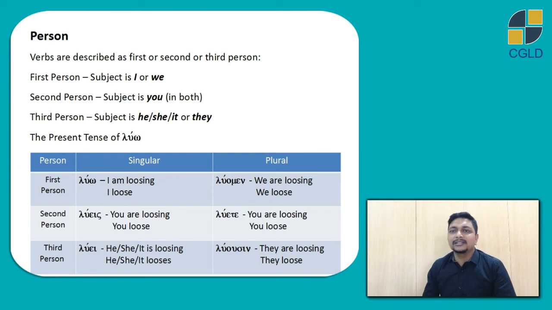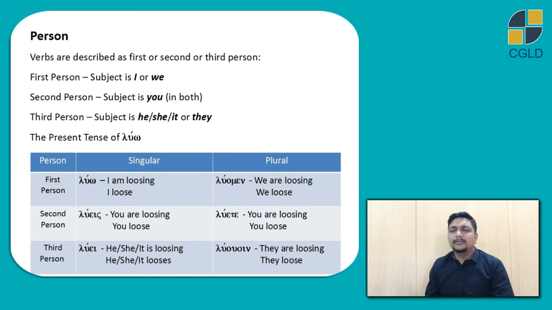In second person, the subject will appear as you in both forms, singular as well as plural. In the third person, the subject will appear as he, she, it, and they: he, she, it in singular form and they in plural form.